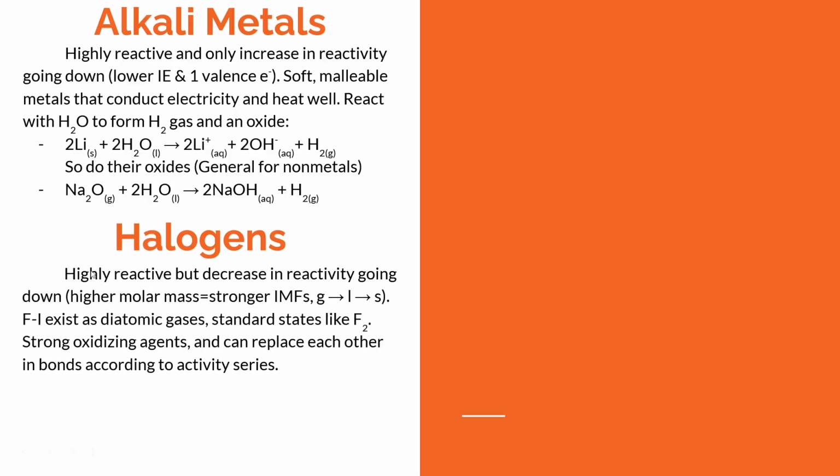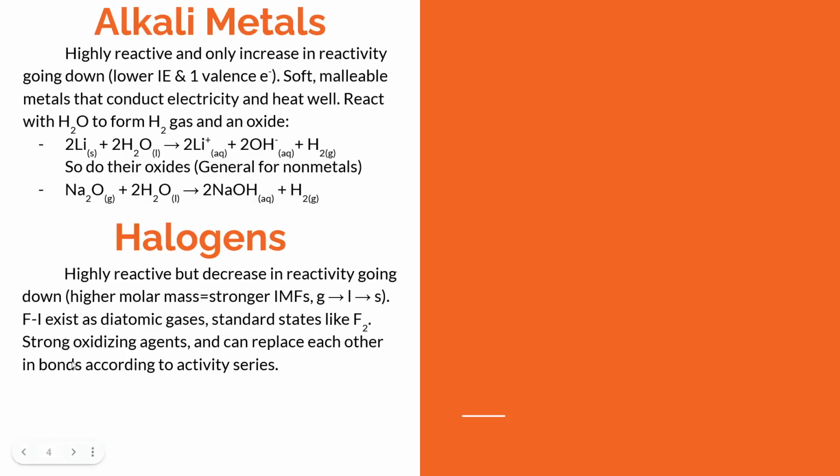Now, your halogens are highly reactive but decrease in reactivity going down, because the higher molar mass equals stronger IMFs. And so you're going to go from gas to liquid to solid for diatomic fluorine, chlorine, bromine, where bromine is going to be a liquid, and iodine is going to be solid at room temperature.